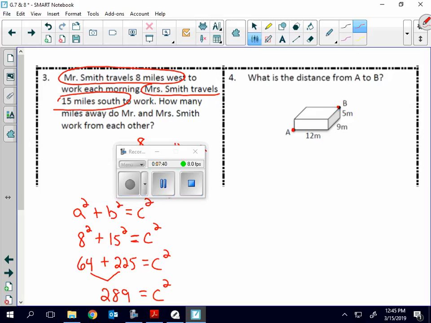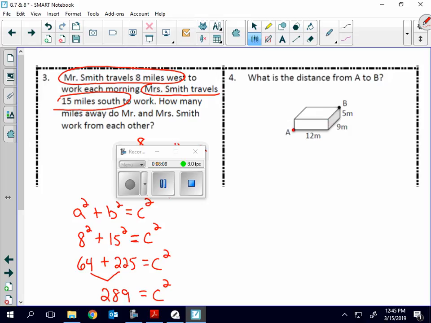Well, how about if I first go from A to this corner over here? That's a right triangle because we have a right angle here. It is a right triangle in there, okay? Let me make that a little bit more clear for you.